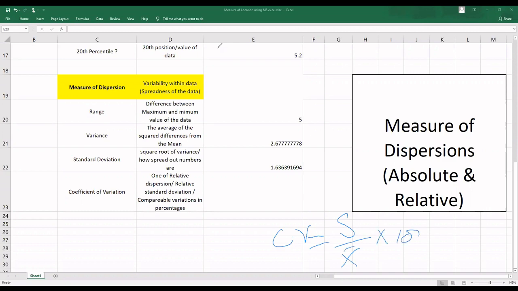This is the main formula. We have the standard deviation, and the mean also, so we just divide the values and multiply by 100 to get the answer.